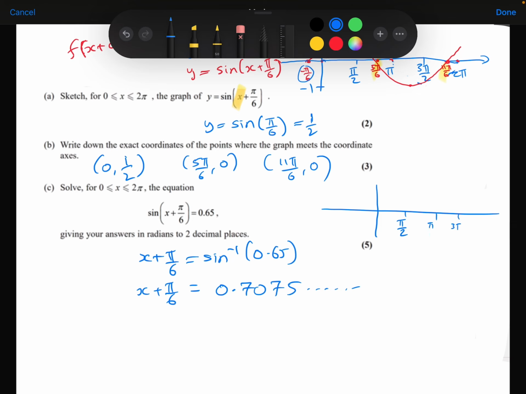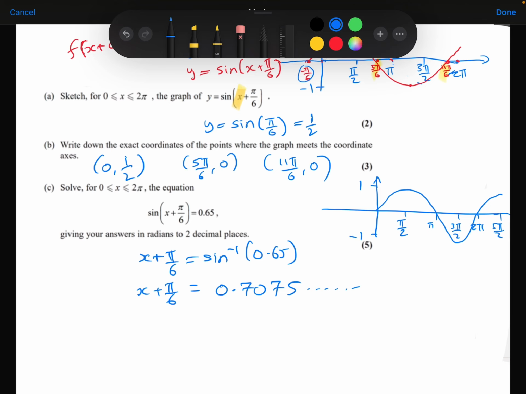Now I'm going to draw my sine graph a little bit bigger than what I need. I'm going to go up to 5 pi over 2, I think. The reason is that I know in a minute I'm going to have to subtract that pi over 6, which could make all the difference.